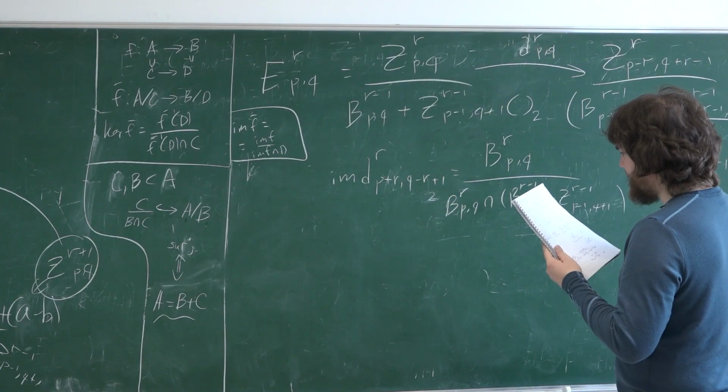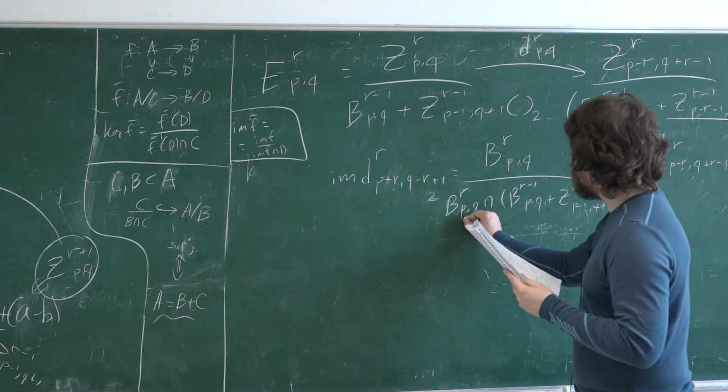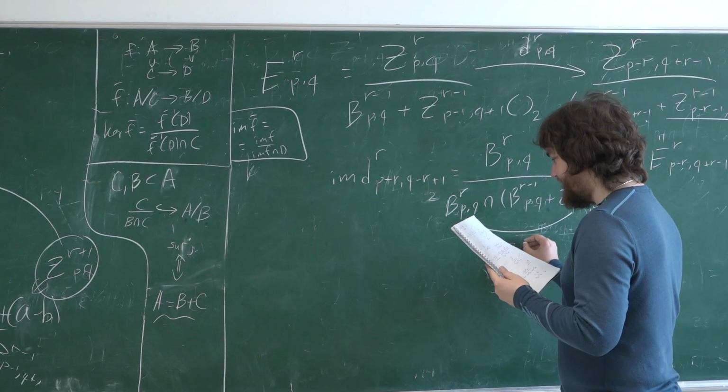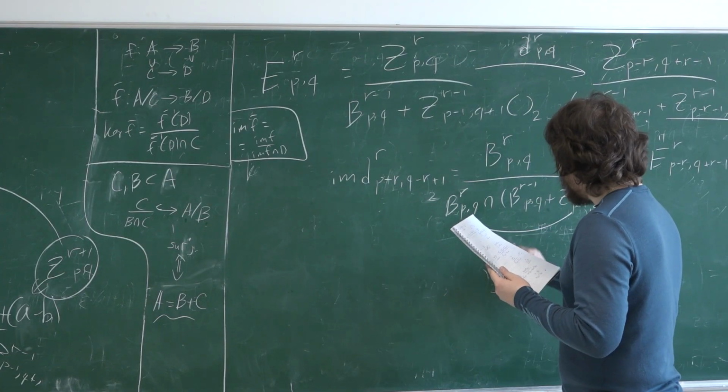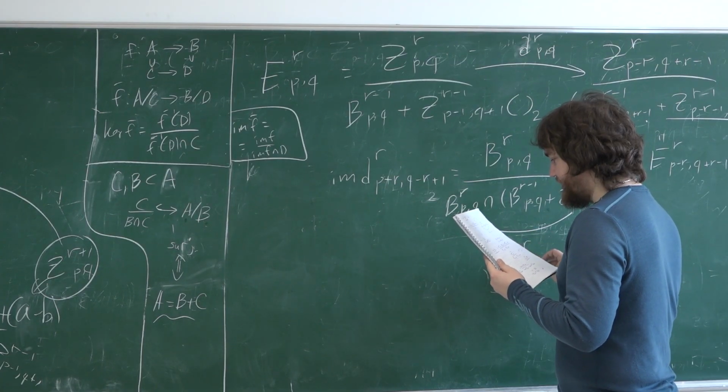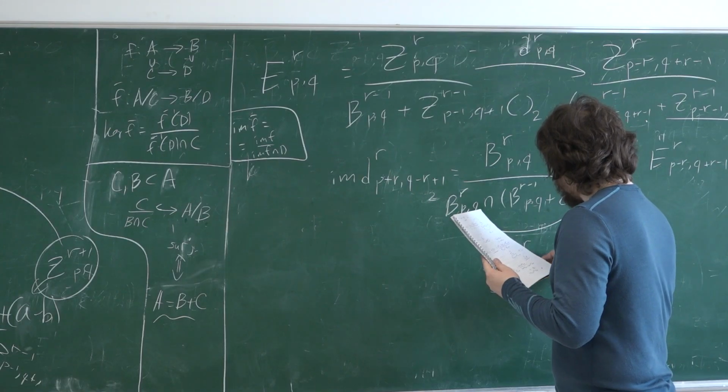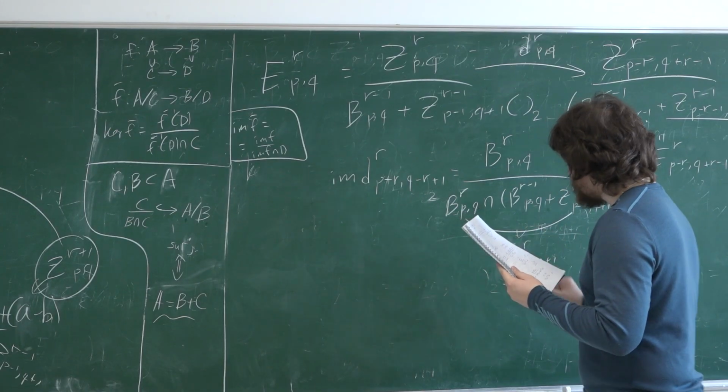And here, you can check that this intersection is just B R P minus 1 Q plus 1. It lies in this.